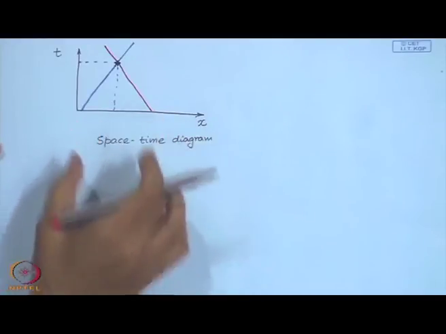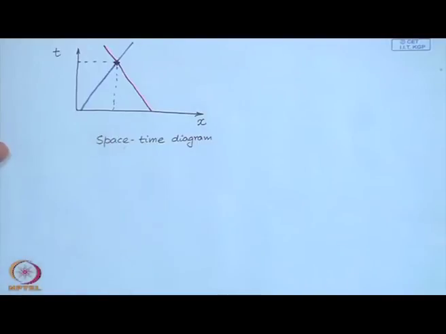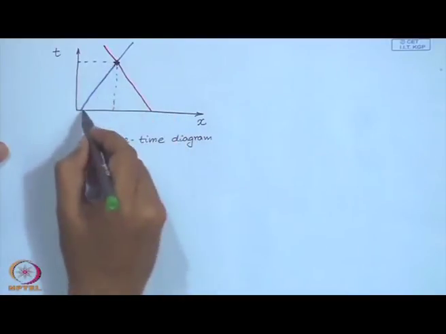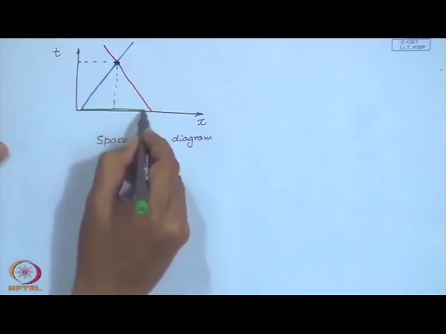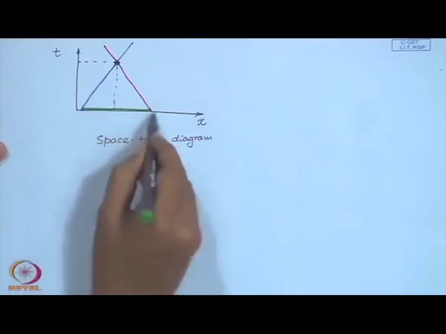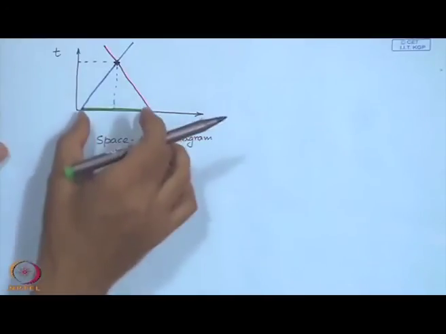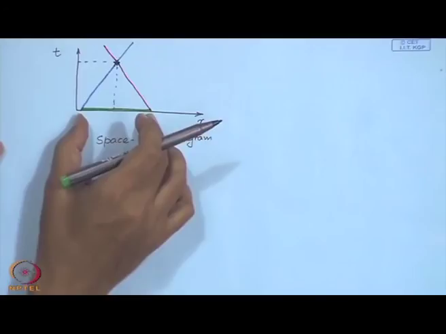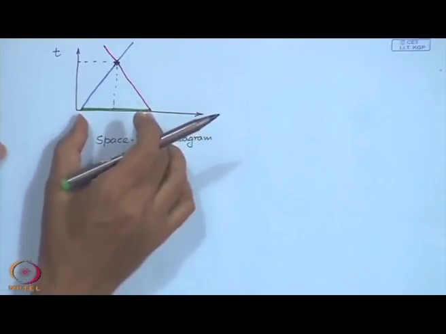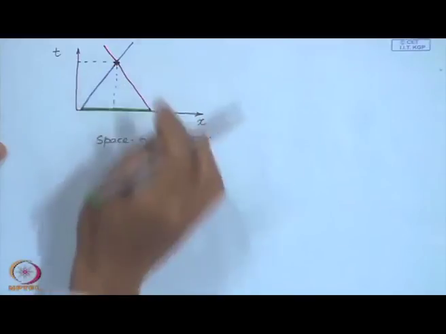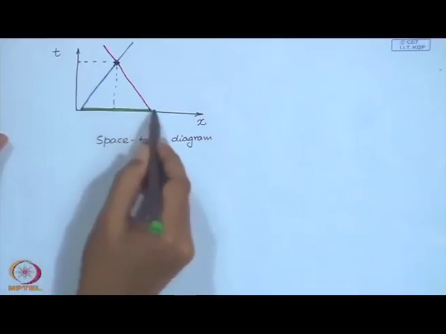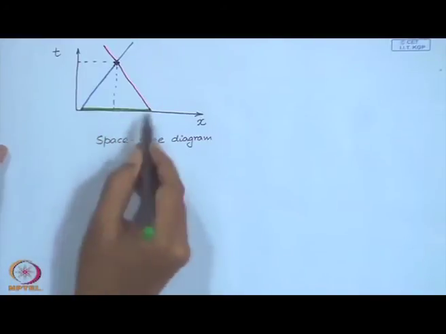So, we will see very soon that the solution at a space time point depends on the conditions. So, these are the initial conditions. At t equal to 0 what we specify are the initial conditions. So, the solution at this point in the space time diagram will depend upon the initial conditions given in this interval.